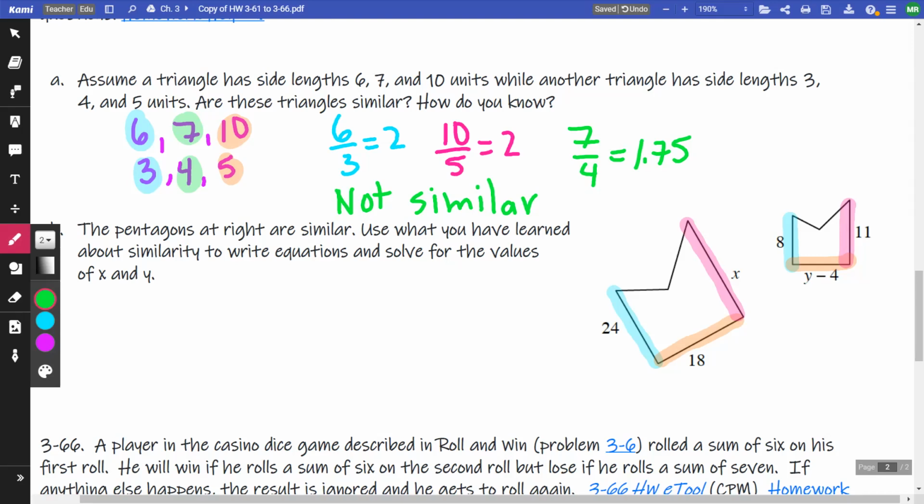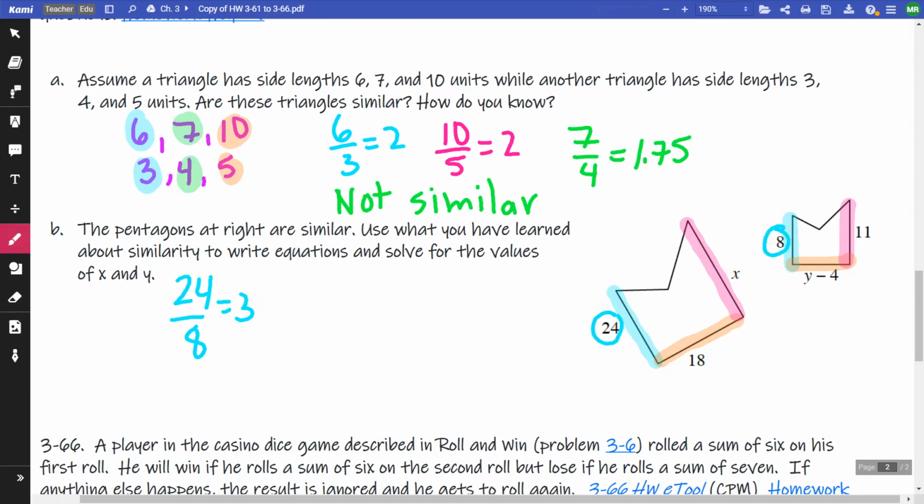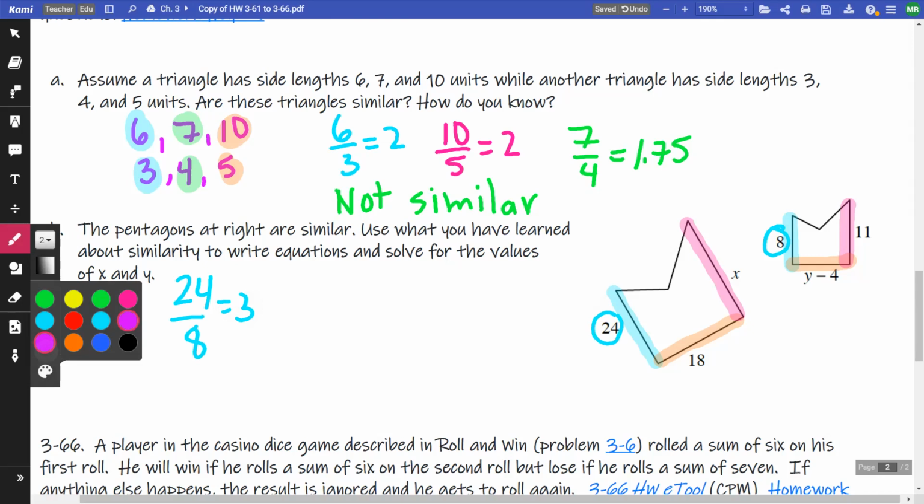Looking at this, I noticed that my 24 and my 8, that's a ratio of 3. So basically, I'm taking my 8, timesing it by 3 to get 24. So that means that I can take my 11, times it by 3 to get 33. So X would be 33.